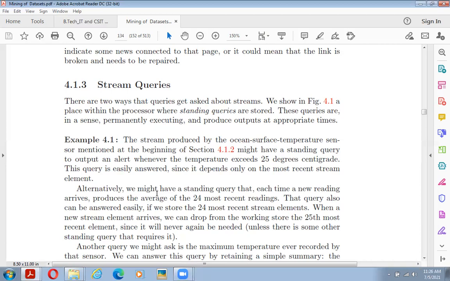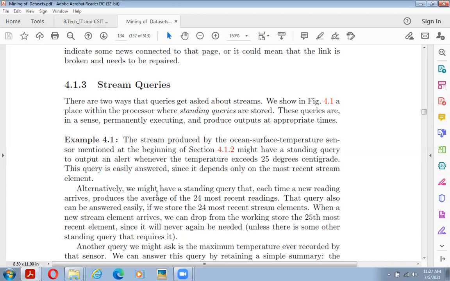So they take the recent queries you are trying to search, mine them, find the most frequent queries of the day or the week, and then push the result to us. Okay. So this is how stream queries work.